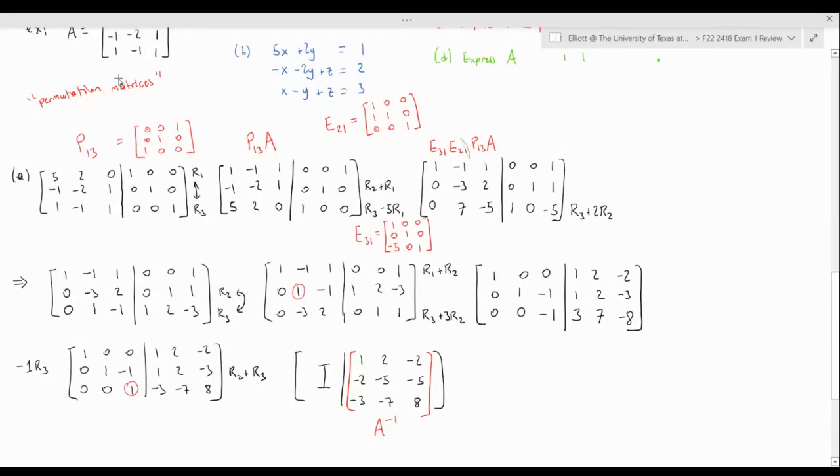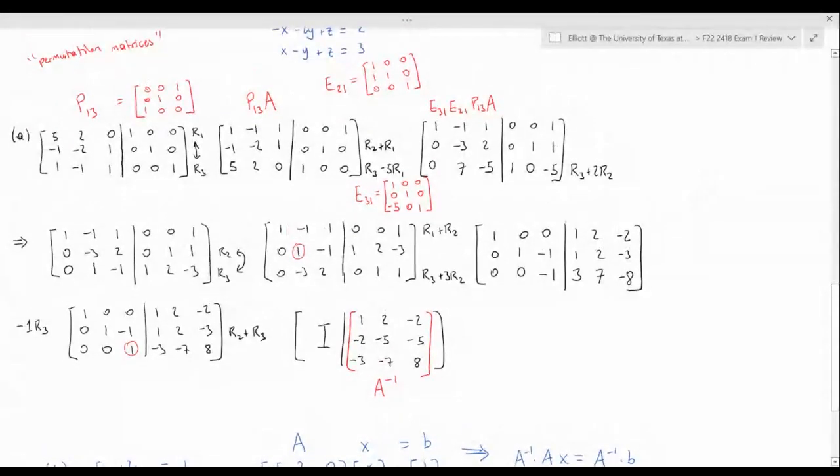Multiplying these two on the left will produce this matrix, because multiplying by those two elementary matrices will just perform these two row operations, okay? And the order for those two doesn't really matter because they were performed at the same time, okay? So let me try to do this a little bit more quickly now.